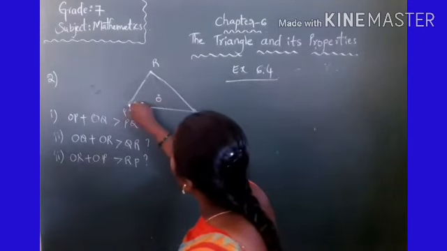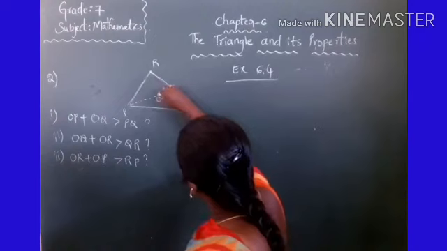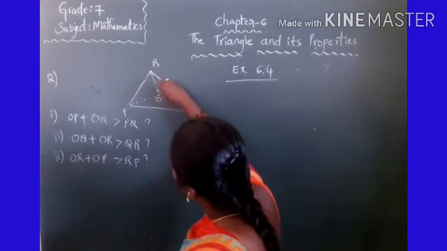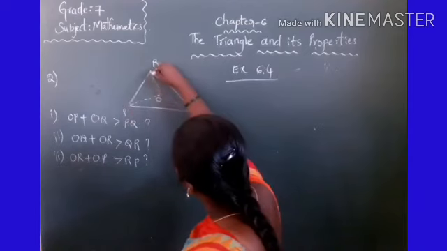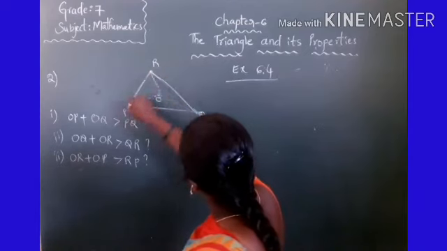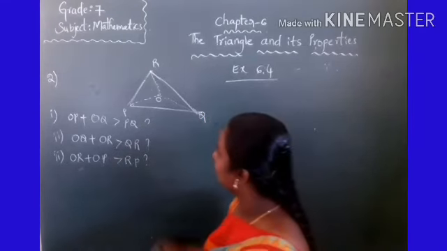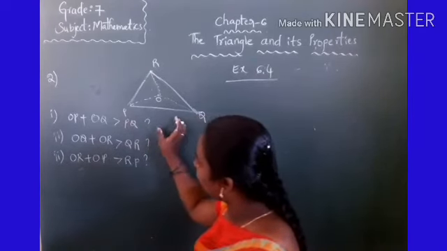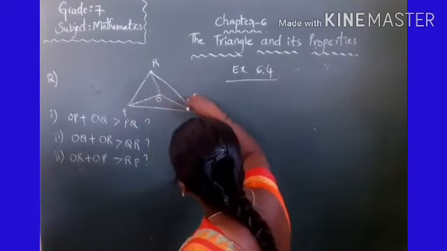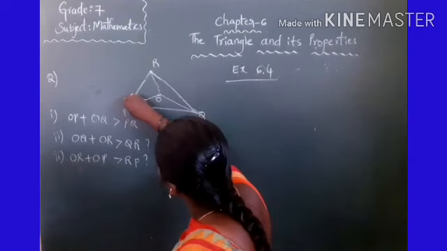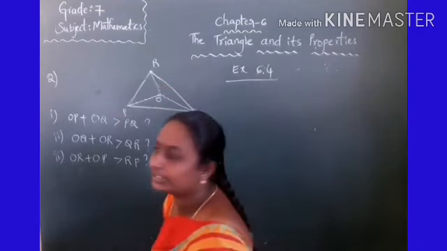Here now join OQ, OR. So how many triangles form? So here POR, QOR, POQ. Observe, here three triangles. First take the triangle OPQ.